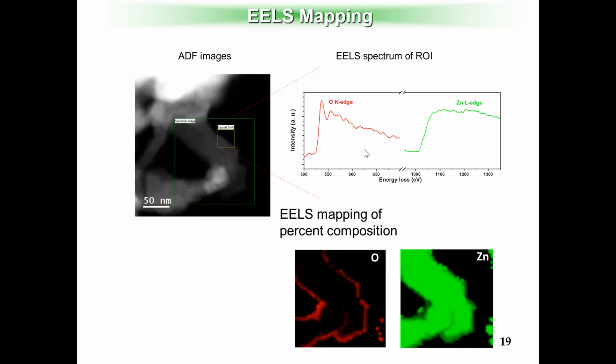So this is the oxygen K edge, this is the zinc L edge, and then you can map out where the locations have zinc only and where the locations have oxygen. So you can generate those EELS maps, which is very similar to the EDS or EDX maps I think all of you are familiar with in the SEM technique.